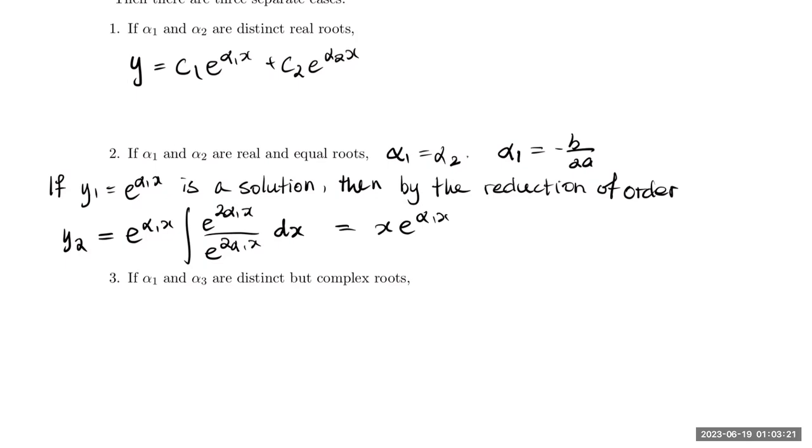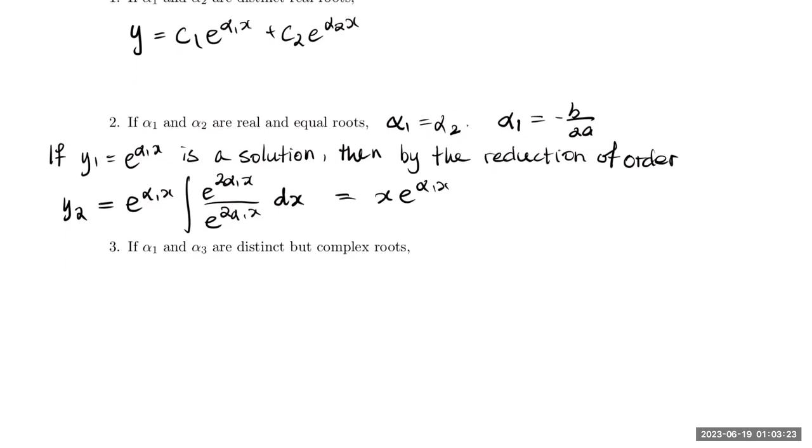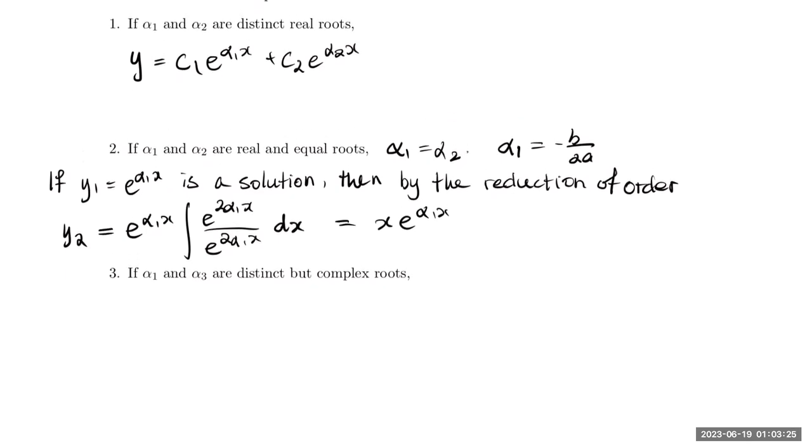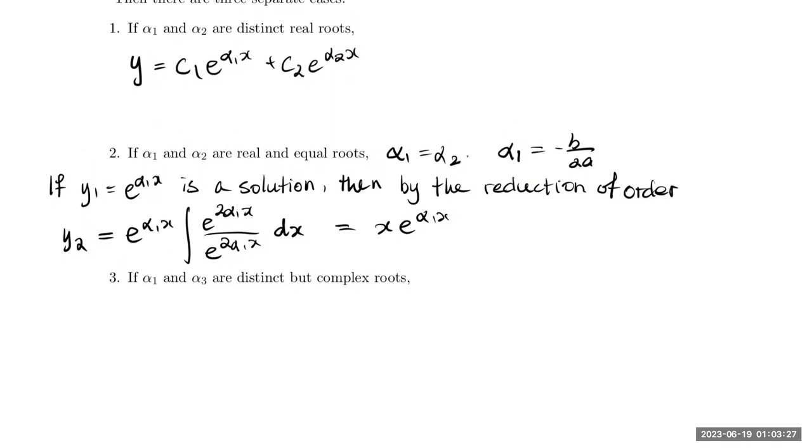That means our solution to the differential equation, if alpha 1 and alpha 2 are real and equal roots, is y equals C1 e to the alpha 1x plus C2 x e to the alpha 1x as well, because they're the same roots.